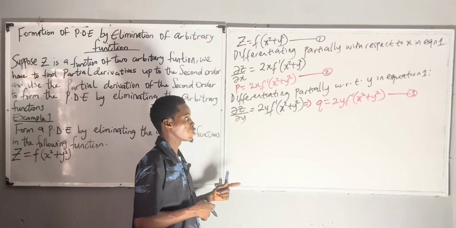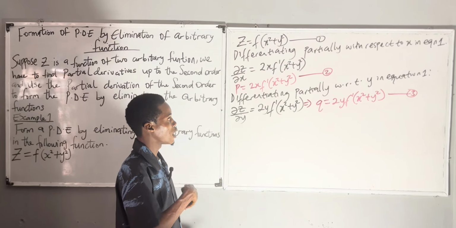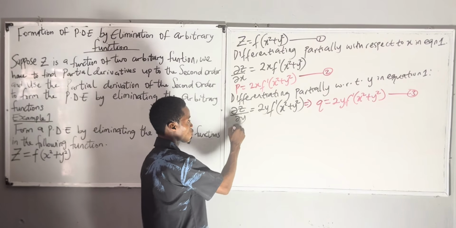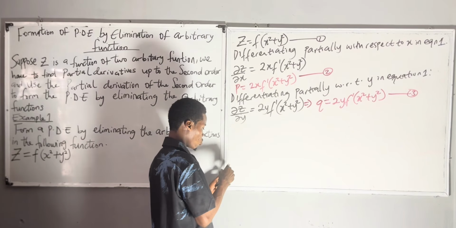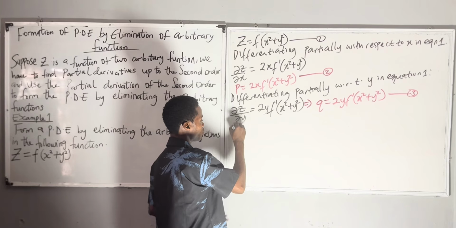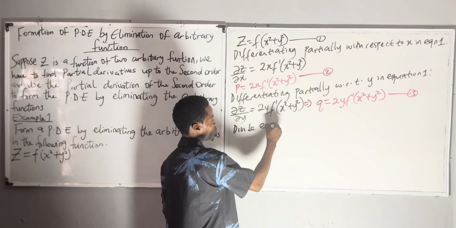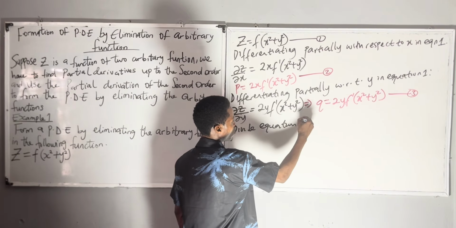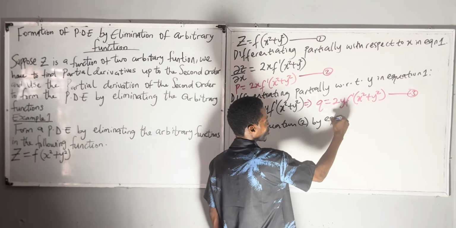Then if we compare them together, we remove the what? The arbitrary function. So divide equation 2 by equation 3.